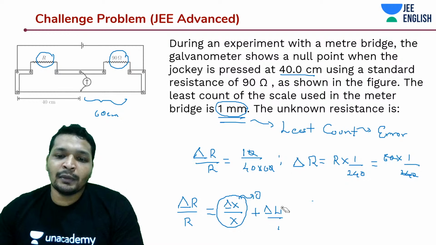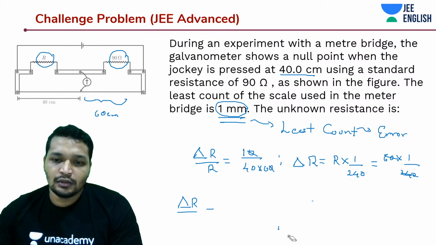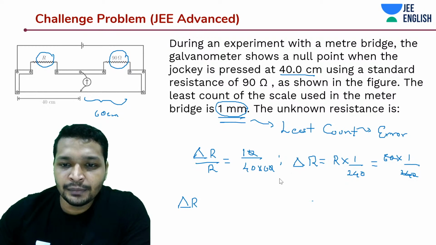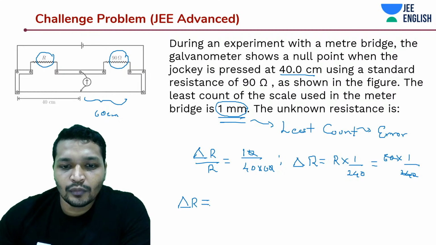So that should be just 1 by 4, right? 0.25, I guess. Okay. Delta R should be this is 1 by 4.